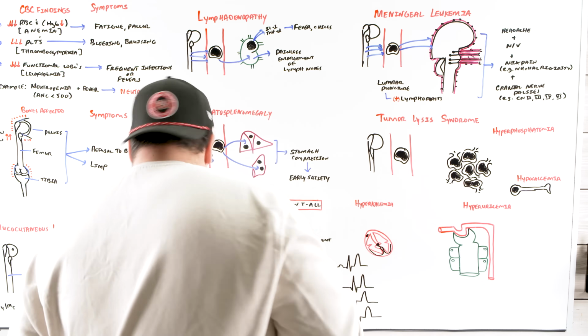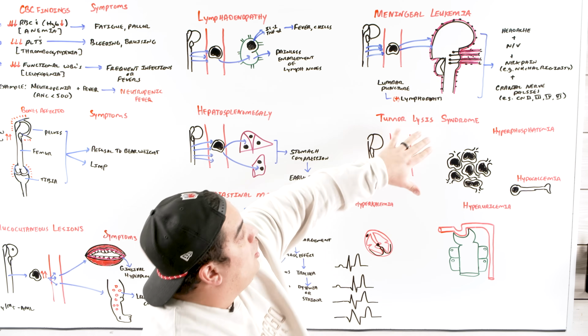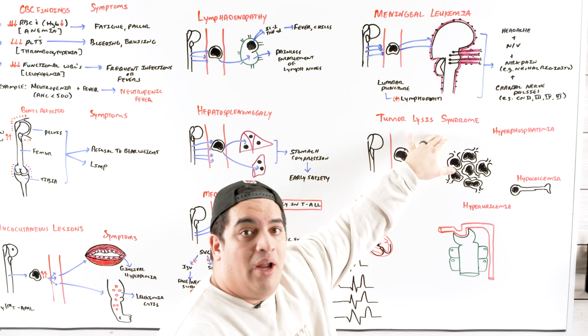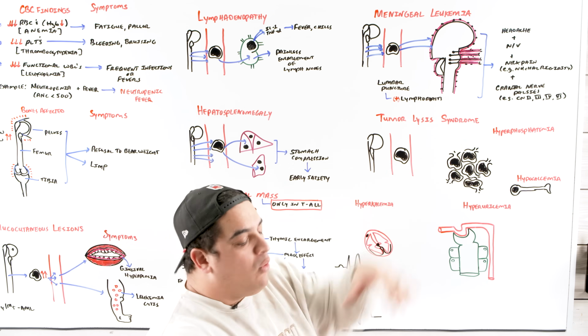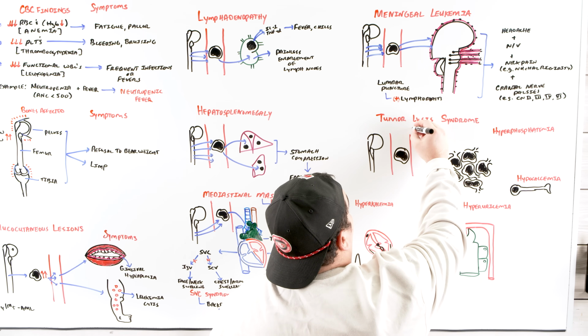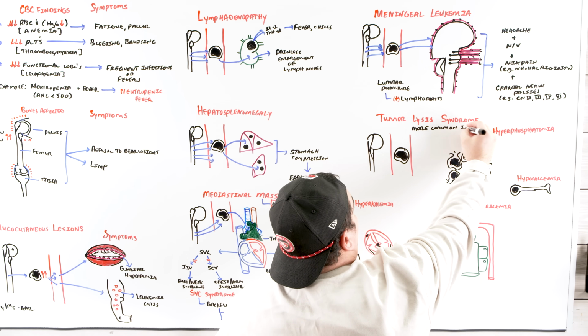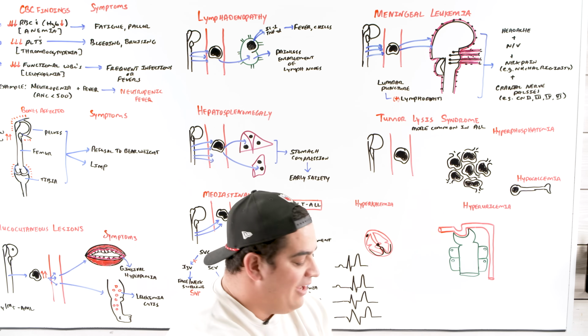All right? Okay, the last complication. Now, I want to preface, tumor lysis syndrome can occur in both ALL and AML, but we see it more commonly in ALL. So here, I want to write this down. You can see this, it's more common in ALL, but you can see it in AML.